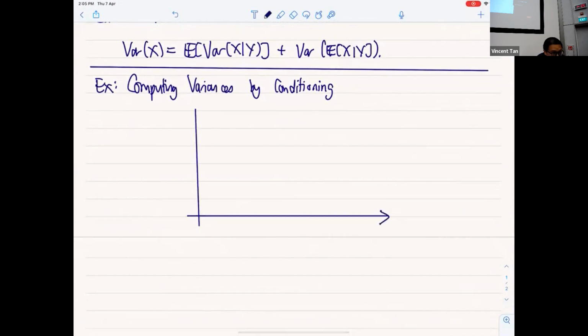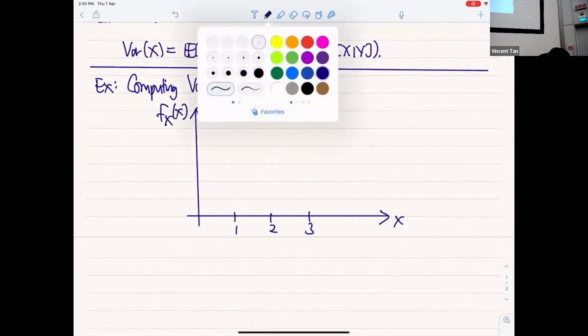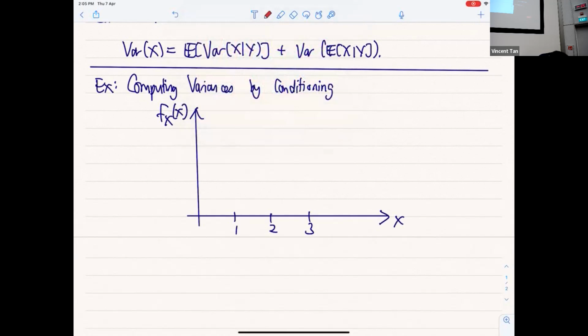So as you can see here, the PDF is over 1, 2, 3, and this is f_X(x) versus x, and it takes the following form. Okay, this is going to be half. And this is going to be how much? A quarter.